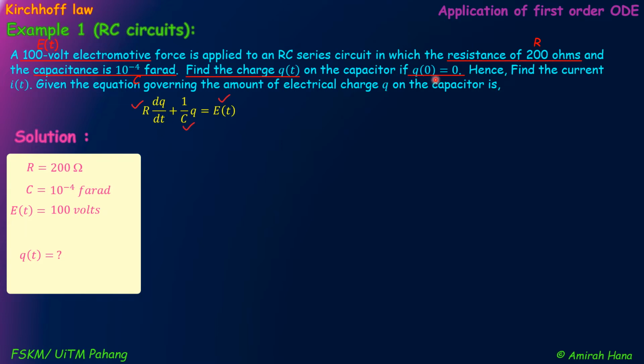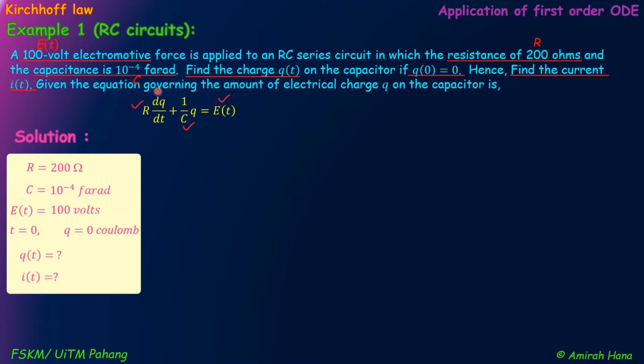So when t equals 0, the charge Q equals 0, and the unit for charge is coulomb. Hence, find the current I(t), so we write I(t) equals question mark.